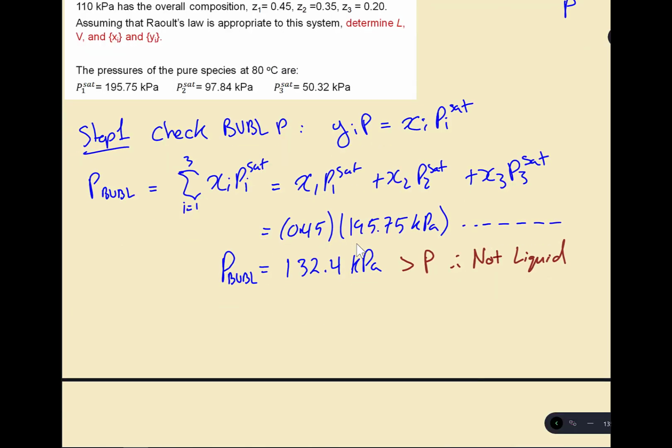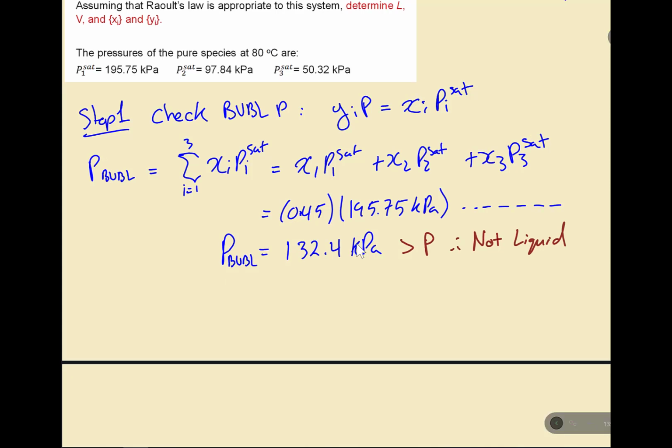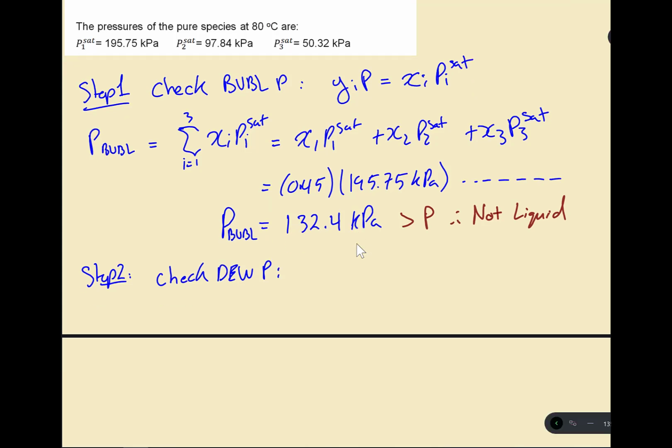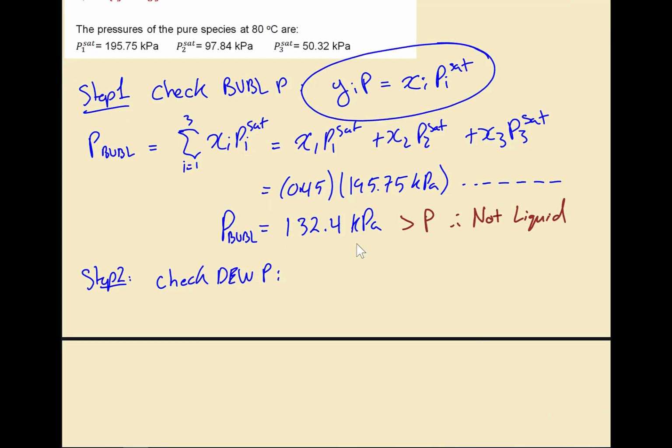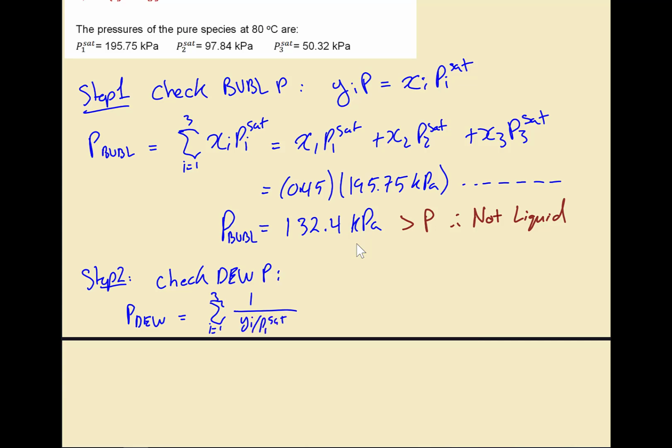Dew pressure. So step 2, check dew pressure. In this case, the dew pressure is again derived from this expression where we isolate the x and set the sum to equal 1, and that gives P equals the inverse of the summation, i equals 1 to 3, of y_i over P_i sat. So again, you plug in the values. I'm not going to do that.